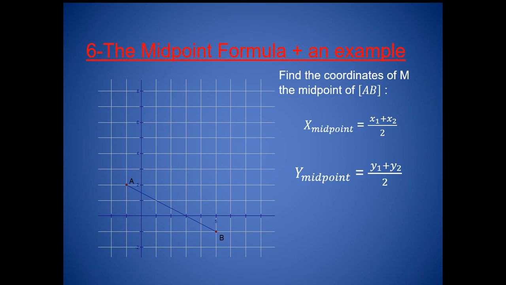Let's do it together. So I will have 5 plus -1, because x of A is -1, over 2. So it's 4 over 2. What is the answer? 2. And what will be y of the midpoint? Y of B is -1, y of A is 2, so (-1 plus 2) over 2. So it's one half.